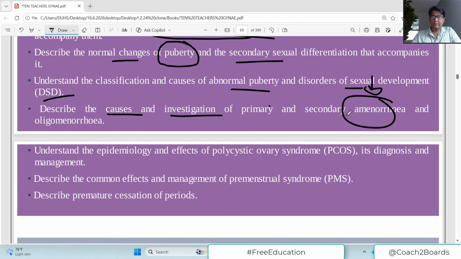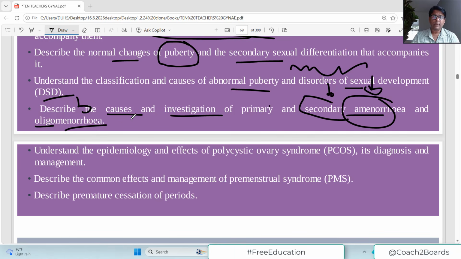So that is primary amenorrhea. And secondary amenorrhea basically means that there were initial months with menstrual cycle, but now there is no menstrual cycle. So that's secondary. It can be because of pregnancy or because of some disease. And then oligomenorrhea also. This also primarily deals with lack of menstrual periods in terms of not absolute absence, but ये है कि bleeding कम हो जाएगी, right?